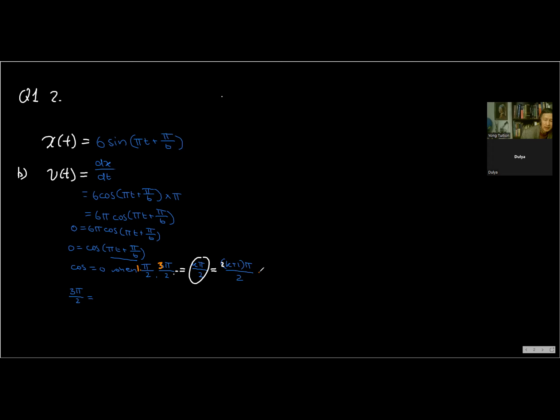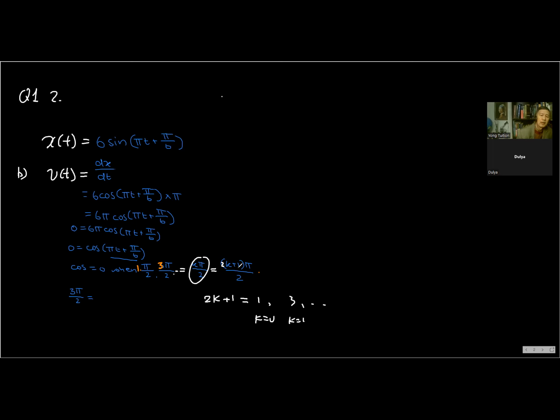Can you see? So that's the notation, you will know how to use that. So 2k plus 1 equals 1 when k equals 0, right? Equal to 3 when k equals 1, and so on. So that is what we call the general formula.